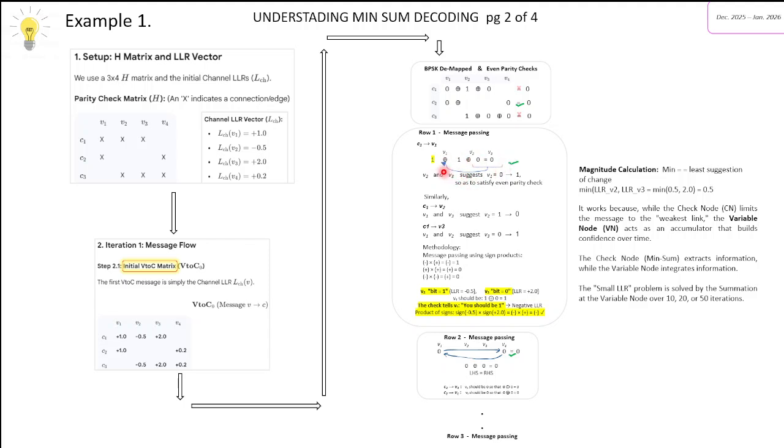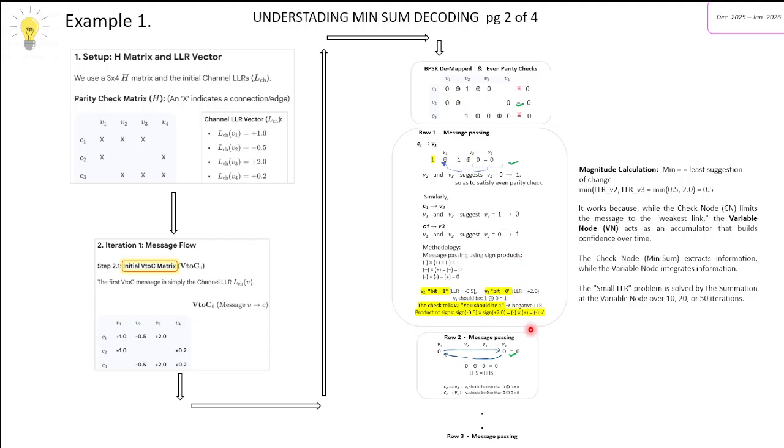How is this message passing done? Again, as we decided in the previous slide, we have to multiply the signs of the two bits. So one sign is minus and the other is plus. Minus times plus is minus. So minus is indicating that this should be a 1. So V1 should be a 1. So this is explained. This is the message passing part of this algorithm.